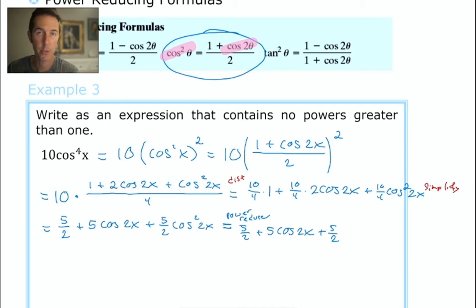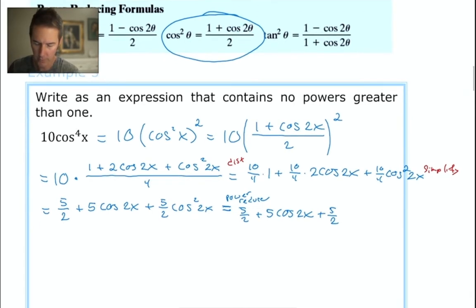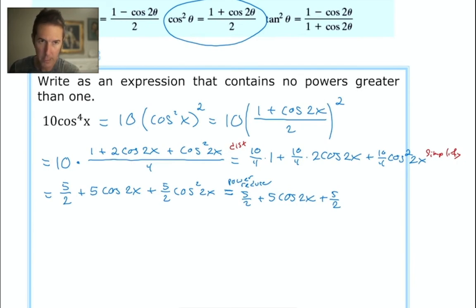That's the power reducing process. When you power reduce, you have to take the angle measure and double it, regardless of what the initial angle measure is. So I'm leaving that at the top of the screen, and then look straight down to here. You'll notice that this cosine squared is the cosine squared of 2x. When we power reduce it, we're going to have to double that angle measure, and it's going to become 4x.